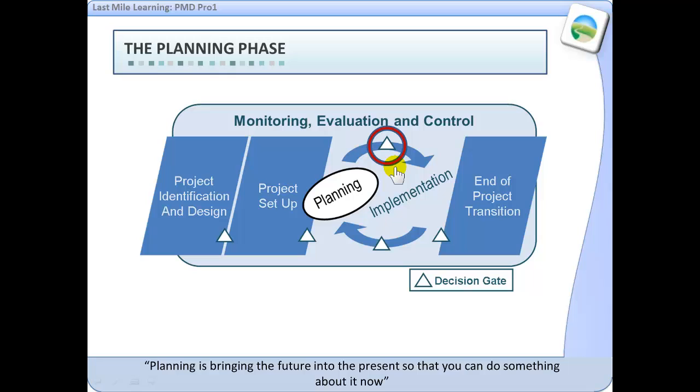It's also called a rolling wave process. I think somewhere else in the guide it calls this progressive elaboration. So those are some of the terms, and remember there are also decision gates that are here.